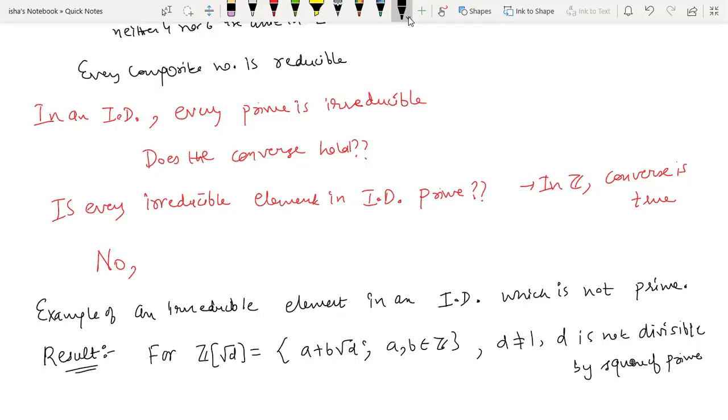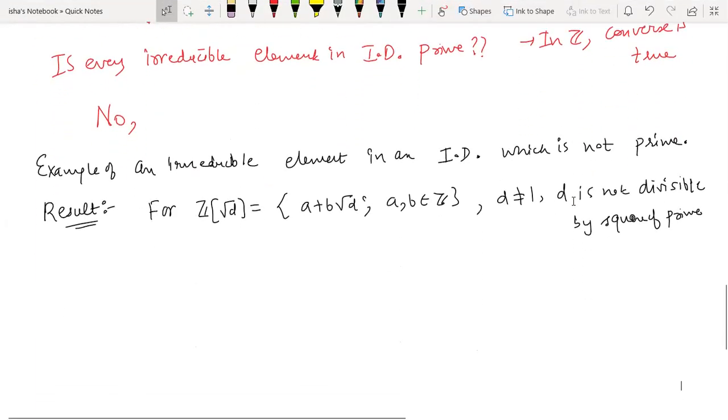If this is the case, how can we check whether a given element is irreducible or not?